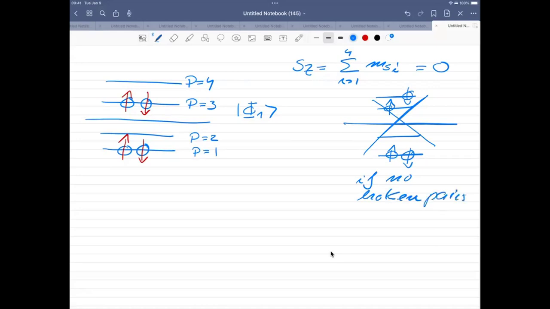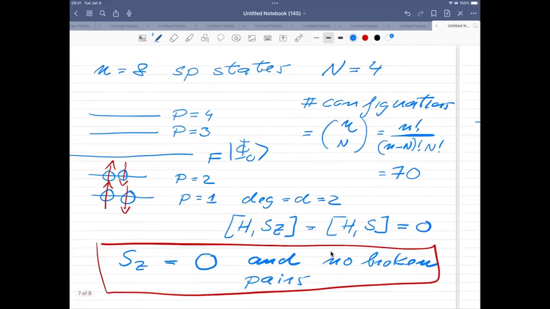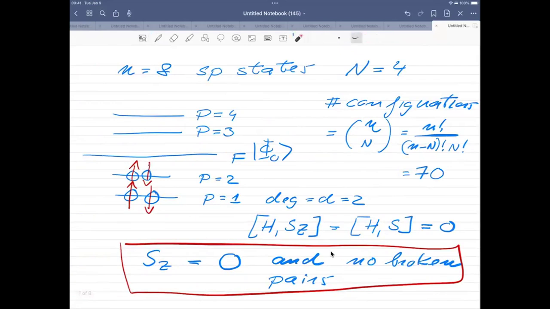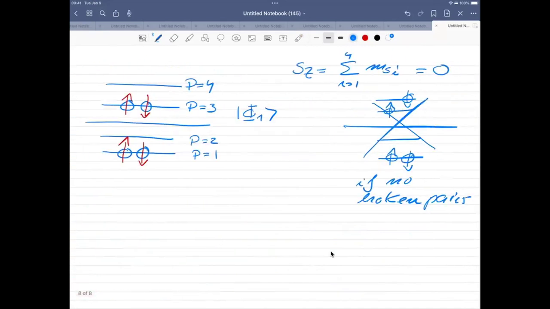But it is a possible excitation among the 70 which we have here. You can quickly see that if you take the transition probability with this specific state and a state like this one, you would find that transition probability to be equal to 0 for the interaction part of the Hamiltonian.